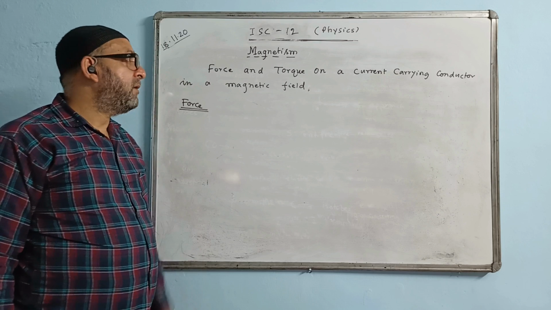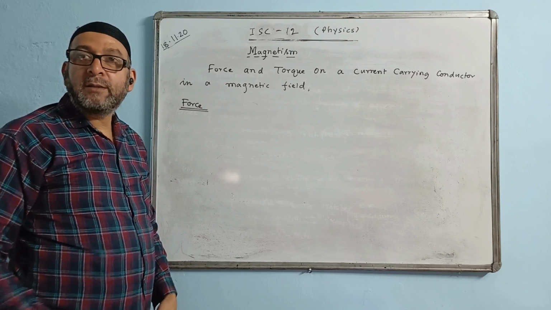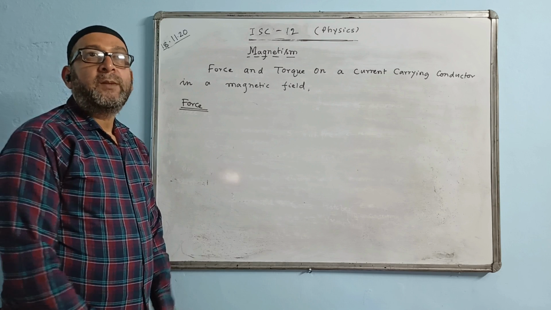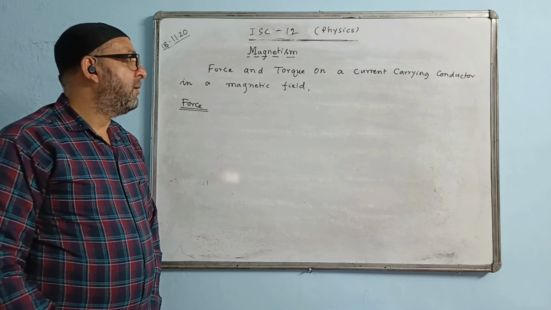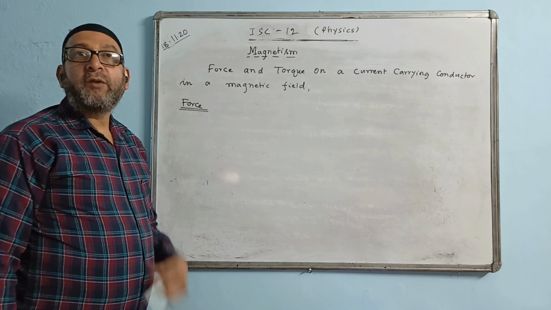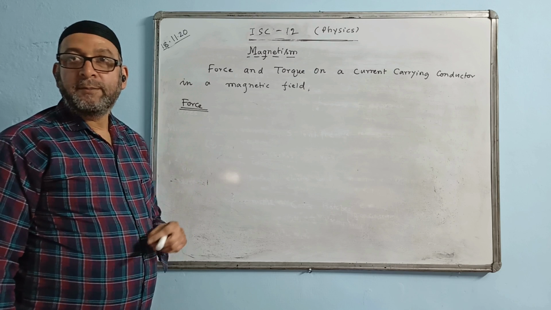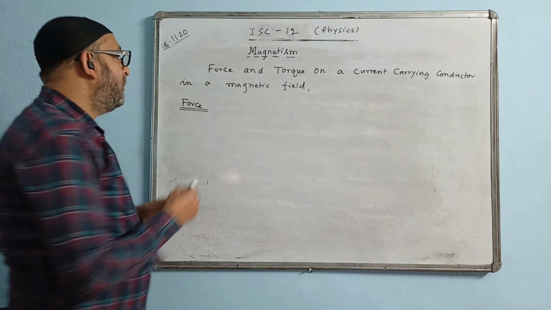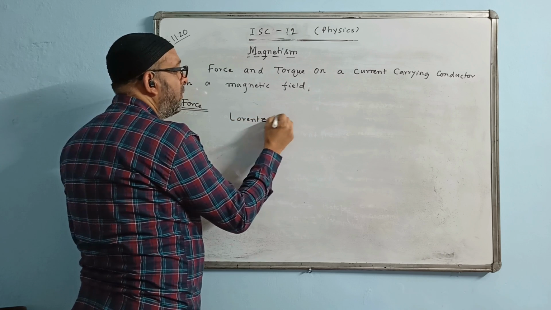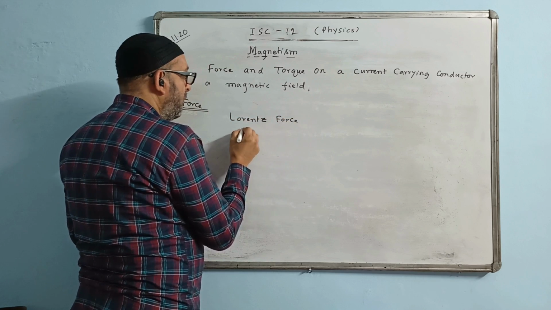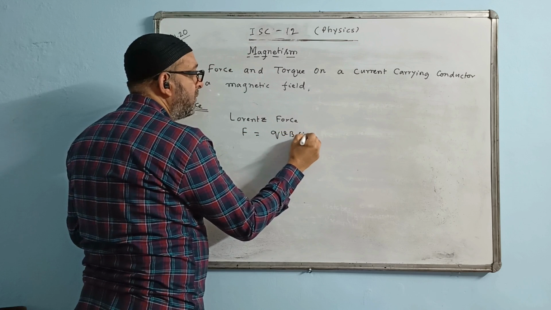Previously, you learnt that when a charged body travels or enters a magnetic field region, it experiences a force that is called Lorentz force. And what was the formula of Lorentz force? The formula was F equal to qvB sin theta.